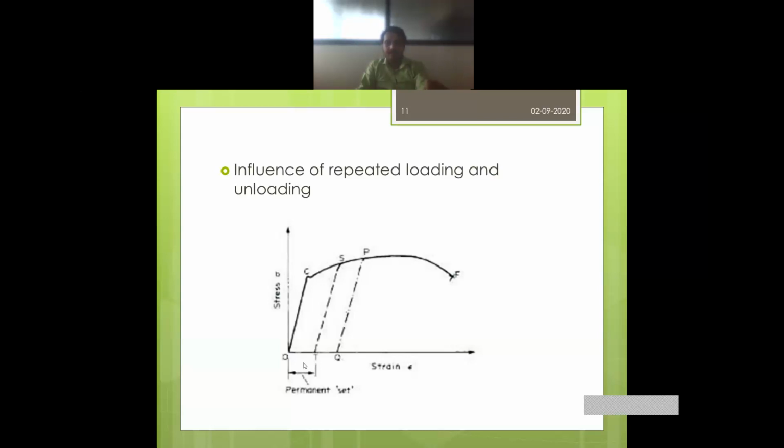Because it has crossed the elastic limit, the strain value will start from T, not from O, because the material has not come to its original position.